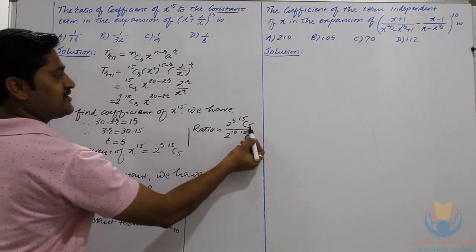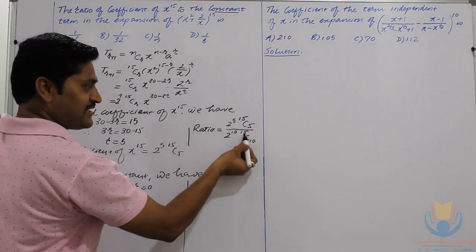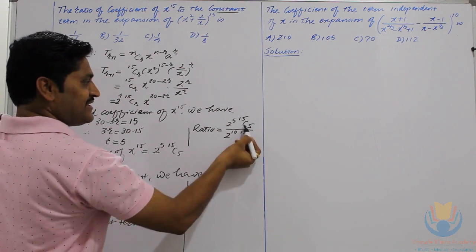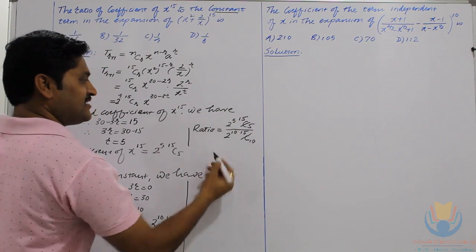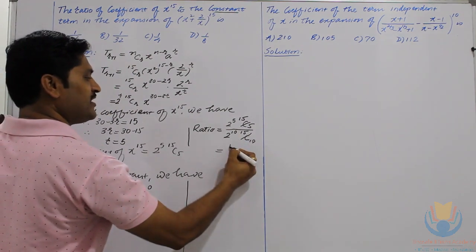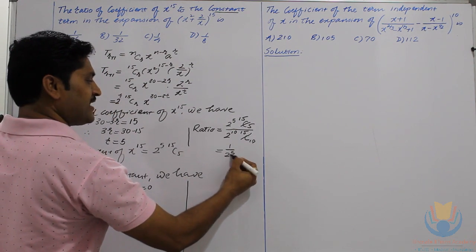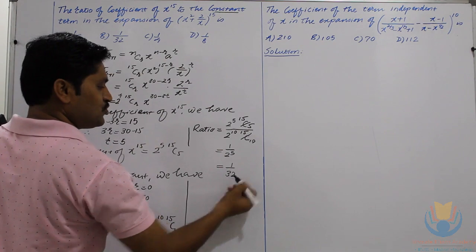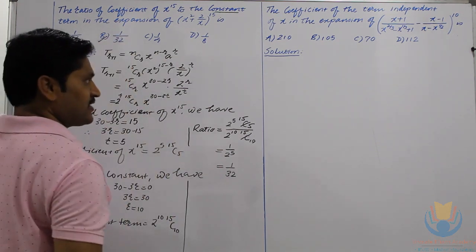As you know, the sum of 5 and 10 is 15, which is equal to n. When x plus y is equal to n, in that case those two combinations are equal. Therefore those two get cancelled, and in the denominator you are left with 2 raised to 5, and the value of 2 raised to 5 is 1 upon 32. So here you can see that B is the correct option.